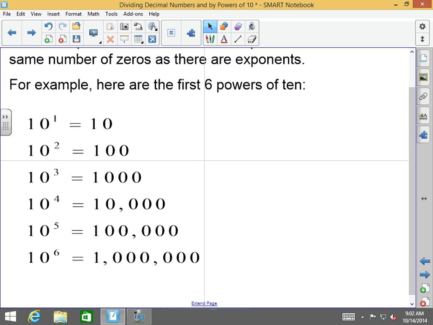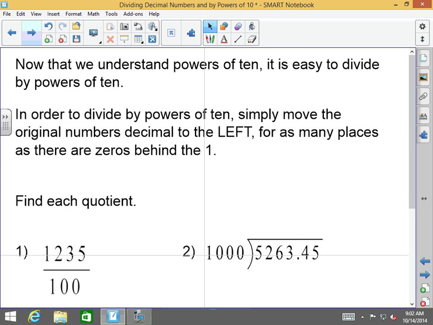So whenever you have a 10 raised to any whole number power, you write down the 1, and then you put as many zeros as there are exponents. Now that we understand powers of 10, it's easy to divide by powers of 10. Let's first remember that when you multiply by powers of 10, you move the decimal to the right as many places as there are zeros.